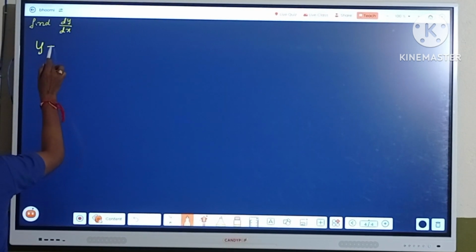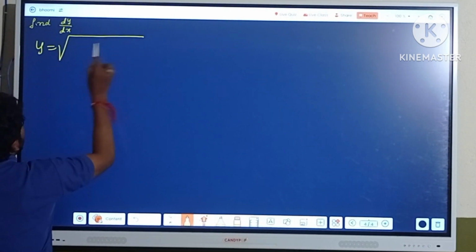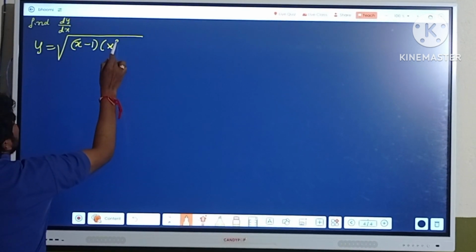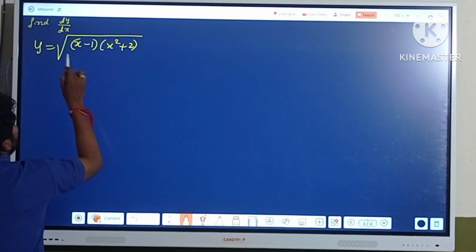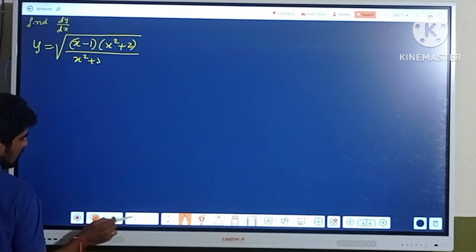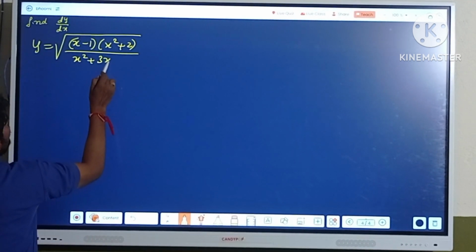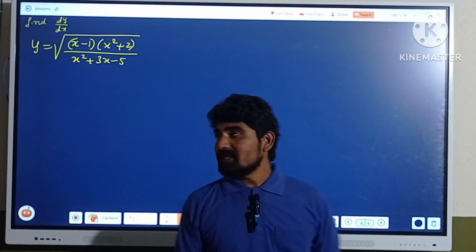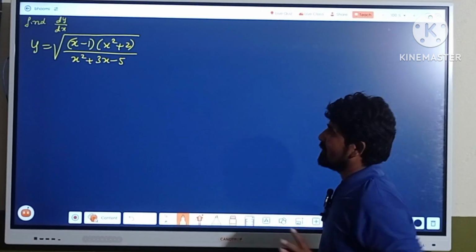If y is equal to square root of x minus 1 into x square plus 2 divided by x square plus 3x minus 5. Observe here, the given function is of the form square root of something.